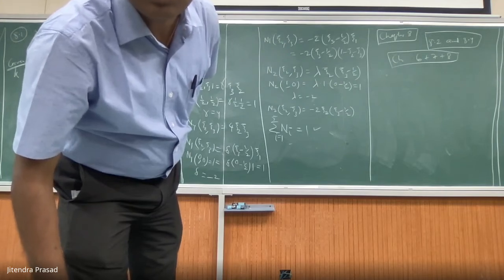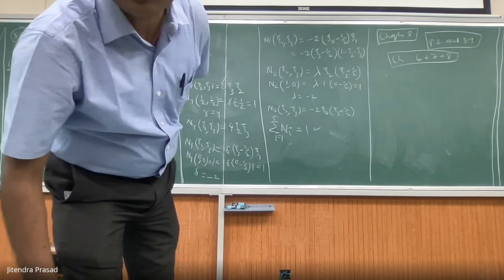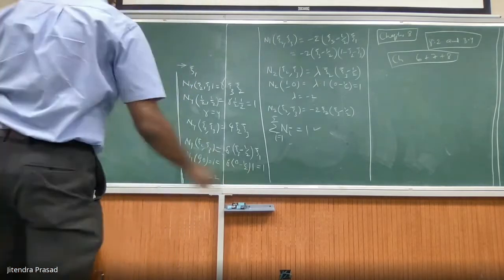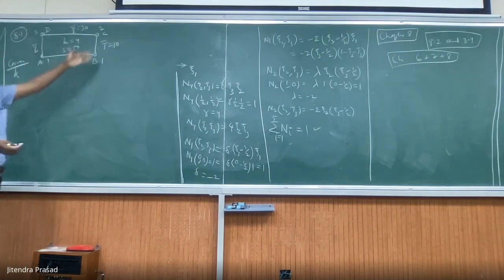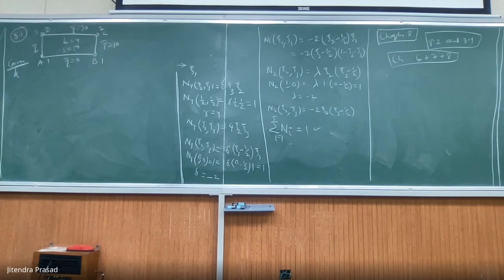The numbering you can change anytime, it doesn't matter. Either you can start from here or anywhere, but when you write it, you have to write it in a proper way and remember which one is which. So it's fine. Now, how to solve this one?